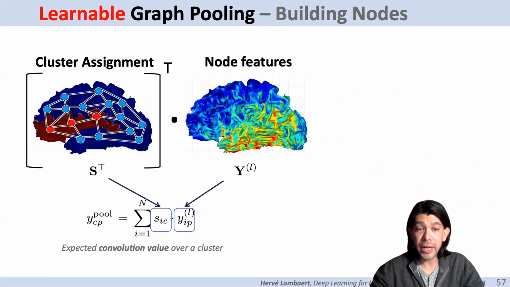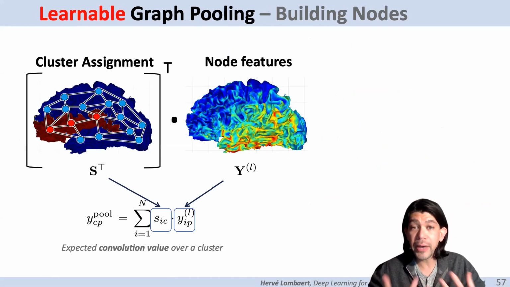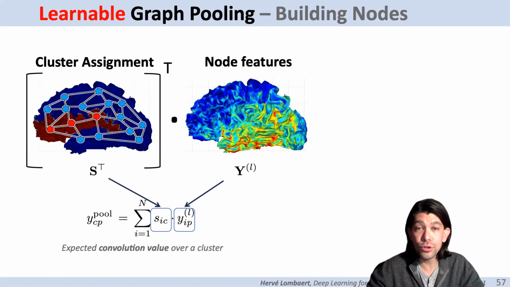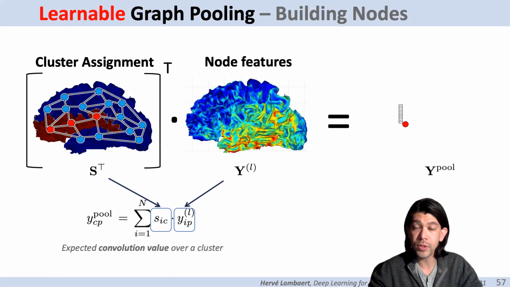So you simply do an expected convolution here, an expected value of the convolution. So it's basically an average weight of what the convolution value should be within each cluster. That's what would constitute the value of a new node.